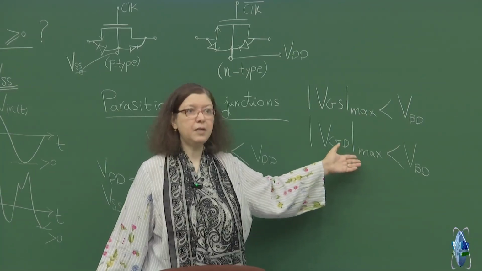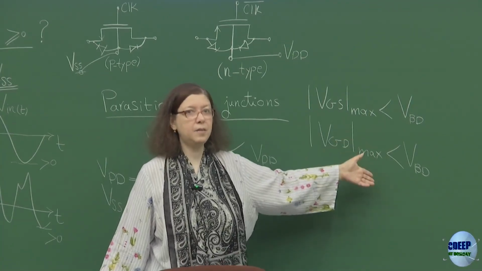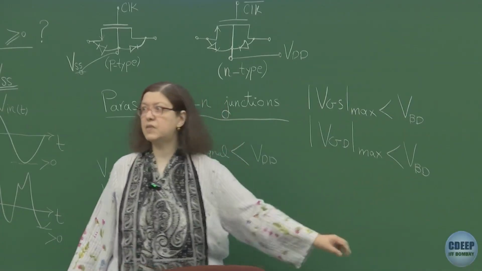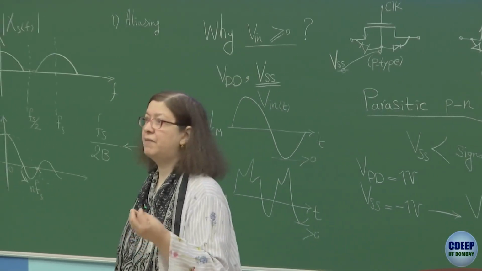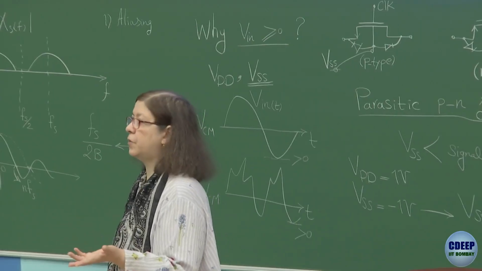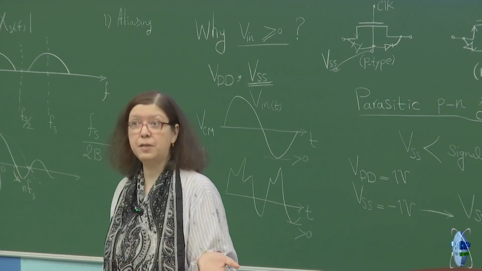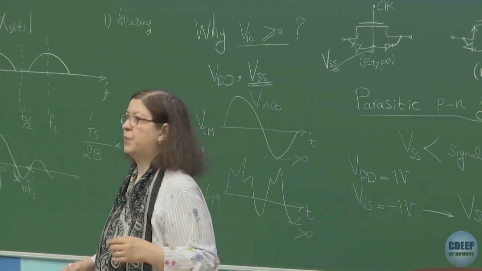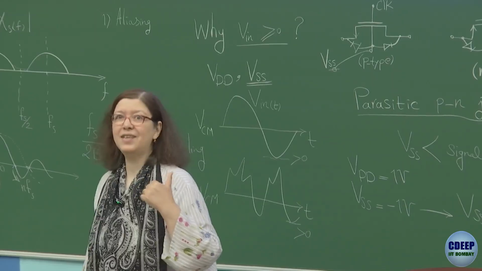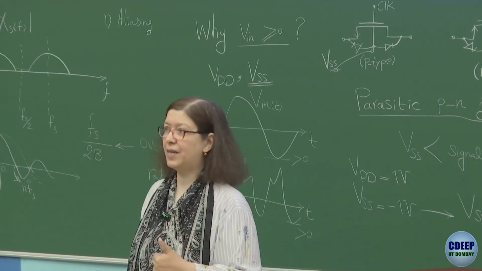Of course, there are also high voltage devices in the same technology. For example, technologies which have the standard supply of 1 volt also have devices which can operate at 1.5, 1.8, sometimes 3.3 standard supply values at system level. But those devices are not the core standard devices of that technology.